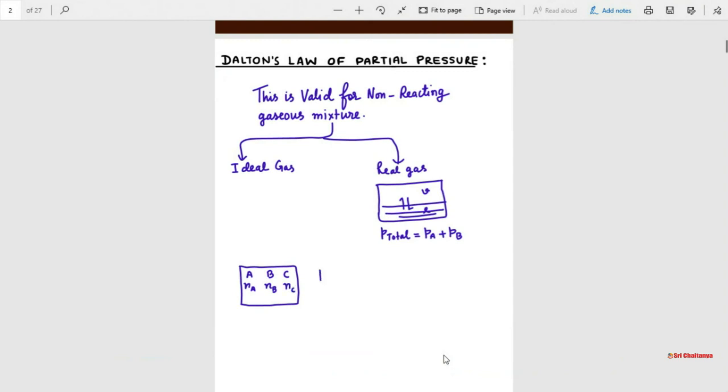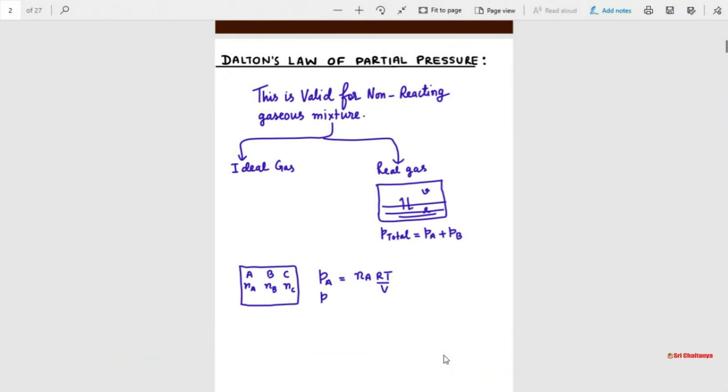Now we can write the partial pressure of gas A, meaning when only gas A is present in the container, there is no B and C gas, right? So partial pressure of gas A is equal to Na RT divided by volume of the container. We are using the ideal gas equation.